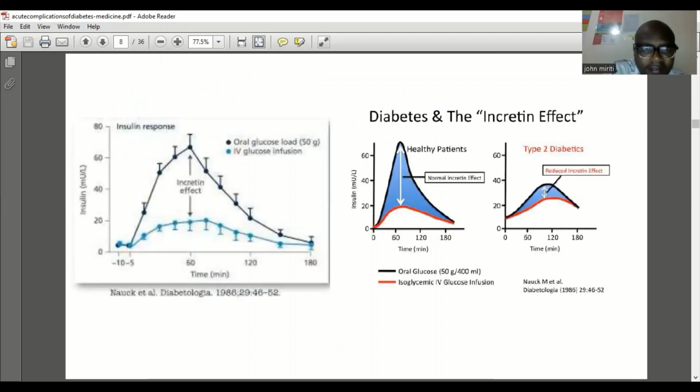Now, what is this indicating to us? You can see this type of study which was done in 1986, showing the insulin response to two types of administration.